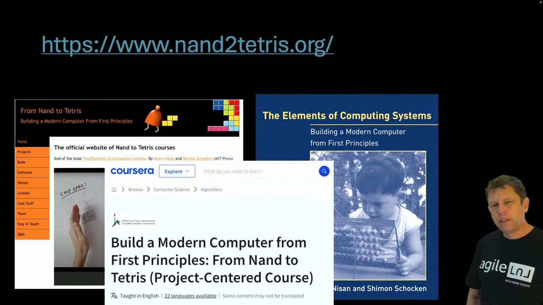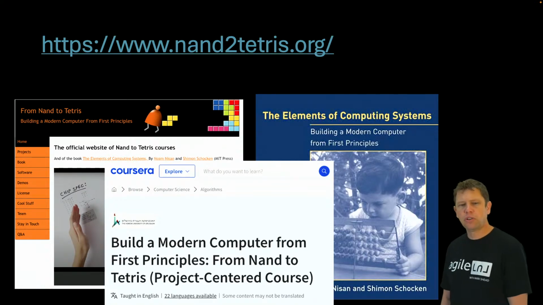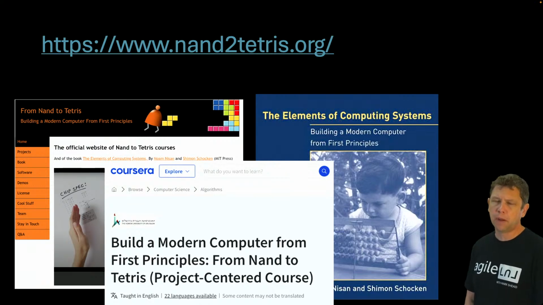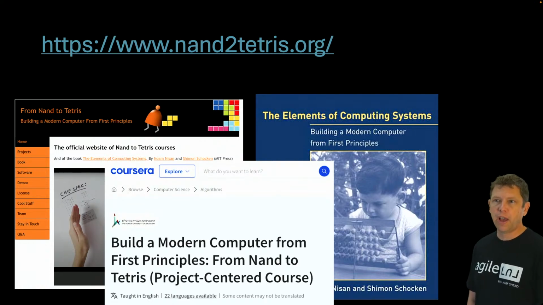This is another thing that I went through, and I'll probably have my son go through it at some point. It's called Nand to Tetris. It's a course created by two professors at the Hebrew University in Jerusalem, I believe. And what this does is this teaches you how a processor works. You start out in a simulator on your computer with a NAND chip, and you build up an entire processor that lets you go ahead and run Tetris on it.